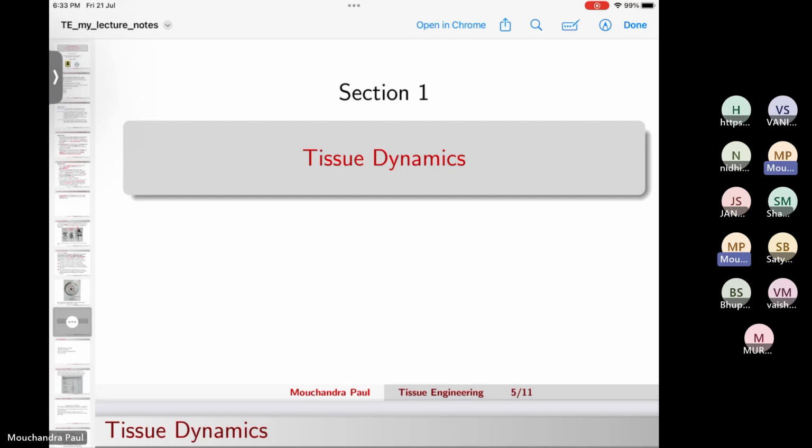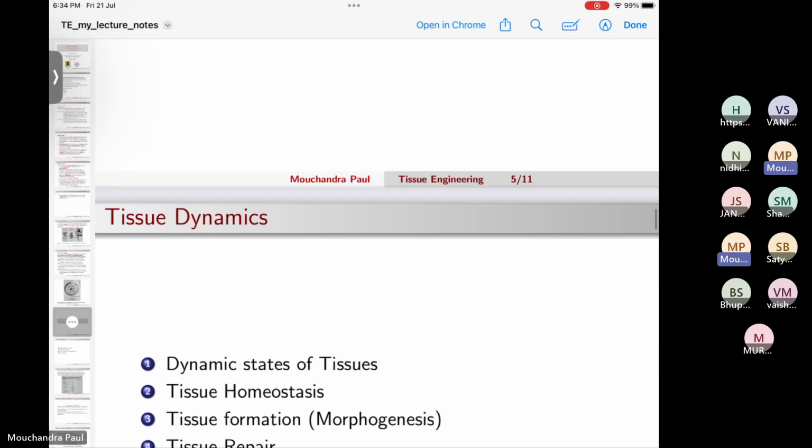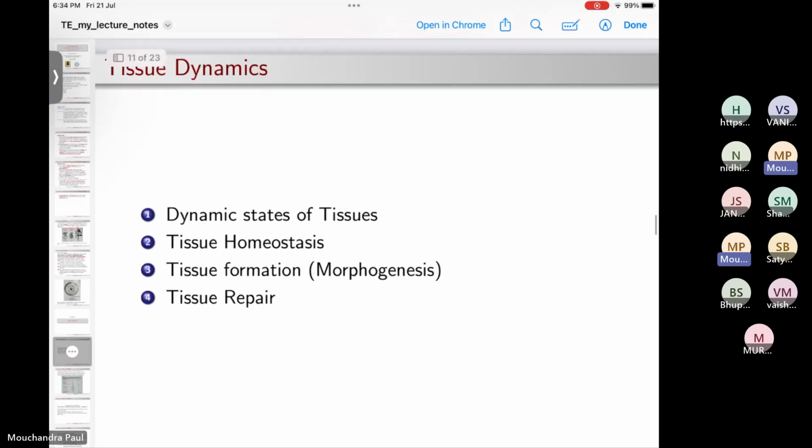Now I will talk about the dynamic nature of the tissue. Under this particular subtopic, we will cover 4 things basically. One is, we'll see what the dynamic states of a tissue are. There are 3 main dynamic states actually.